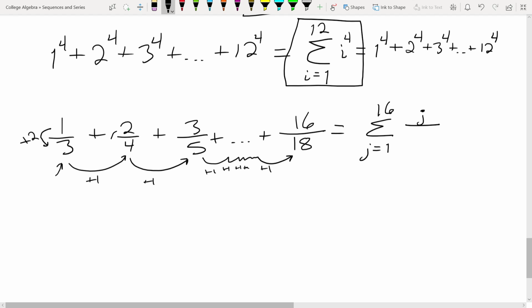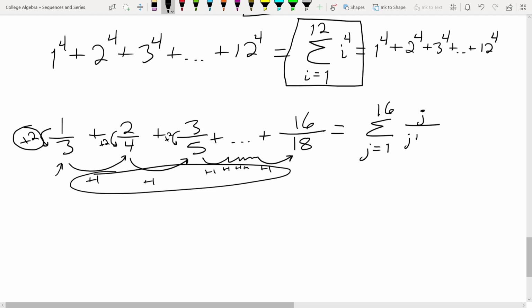And then 4 is 2 greater than 2. 5 is 2 greater than 3. And you have this constant between each of these terms. We have this additional 2. So we know that j is going to be involved because we're increasing by 1 each time. And we know exactly how j is involved because it's 2 more than the top. So really, it's just going to be j plus 2. The top number plus 2. And the top number increases each time, which means the bottom will increase each time.